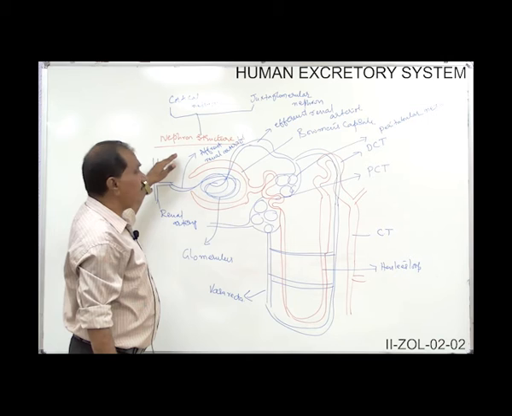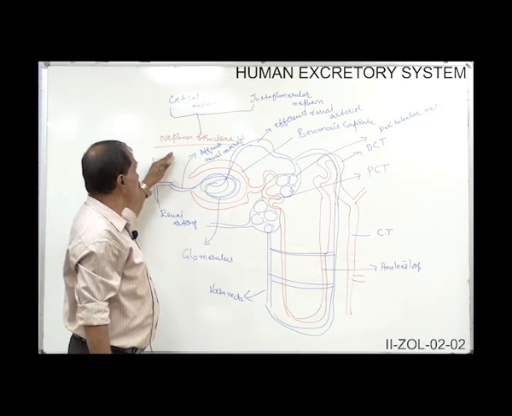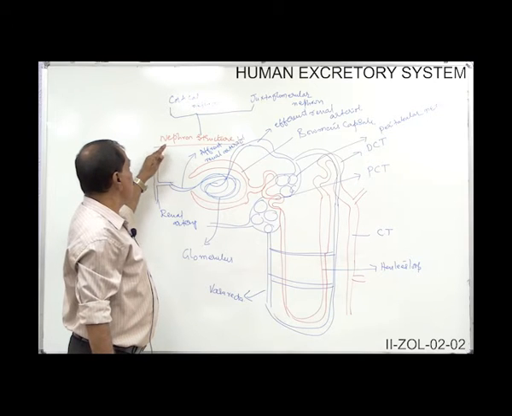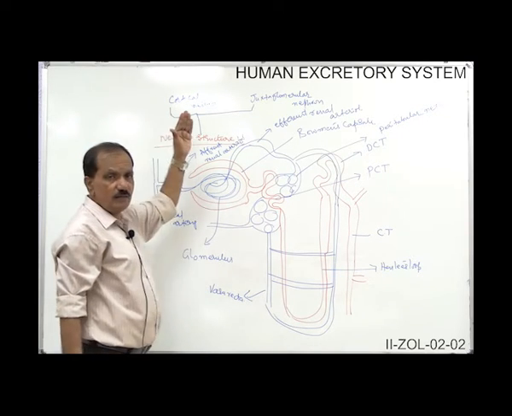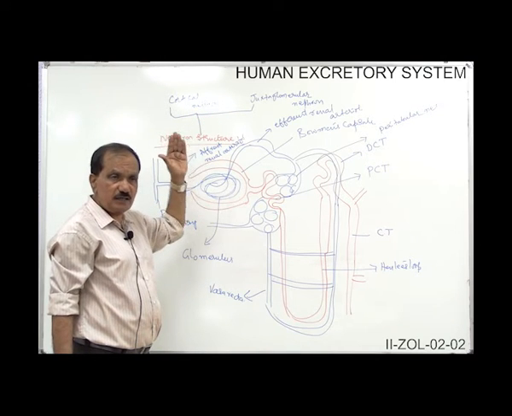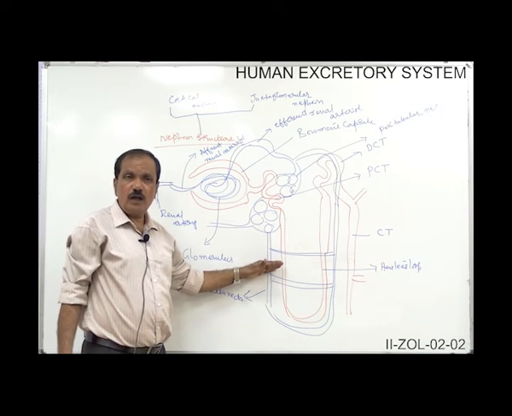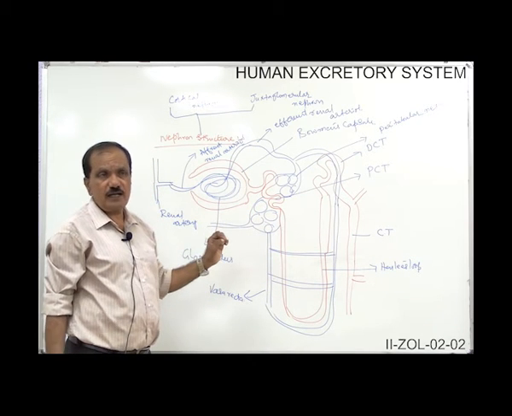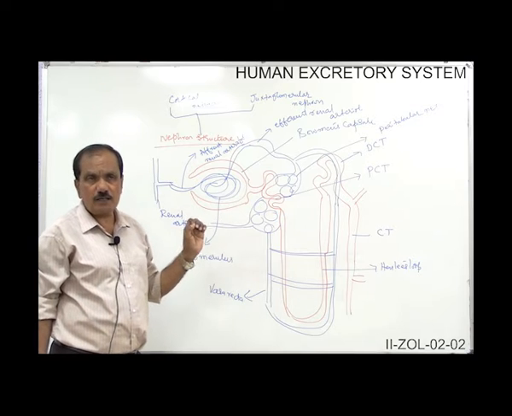So depending upon what we call the Henle's loop and its presence, we are dividing the nephron into 2 types. We will make the first variety the cortical nephron. The cortical nephron means those nephrons which are present in the cortex area and they are not having the Henle's loop, or they may have a very short Henle's loop which may come into the medulla in a very short part.